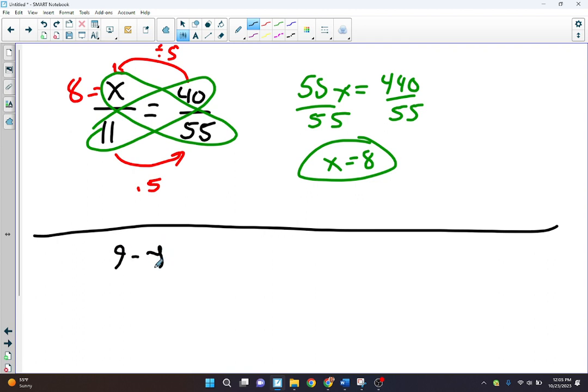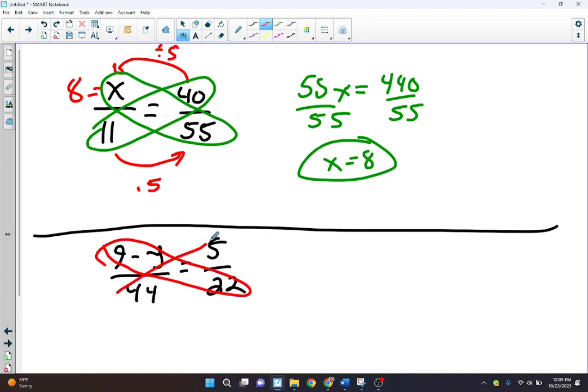9 minus y over 44 equals 5 over 22. So I'm going to cross multiply. 5 times 44 is 220. But 22 times 9 minus y, I write it like this: 22 times (9 minus y).